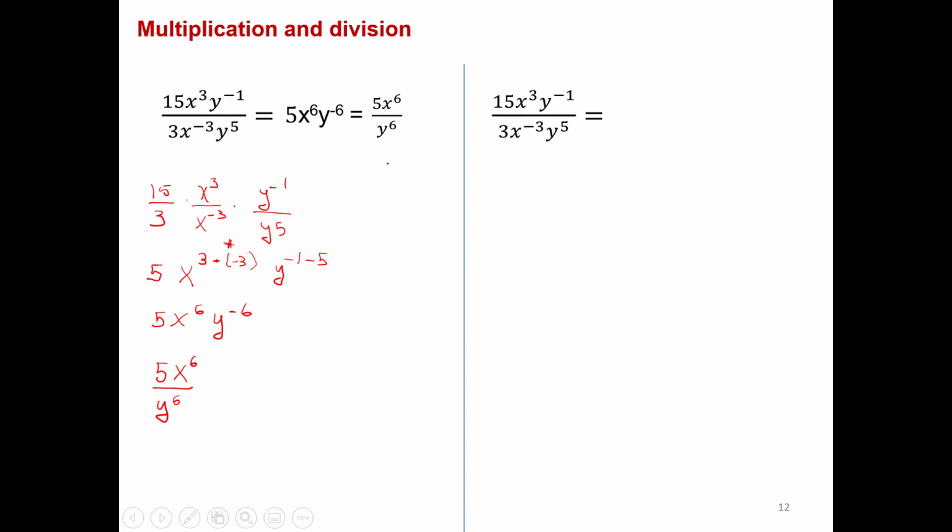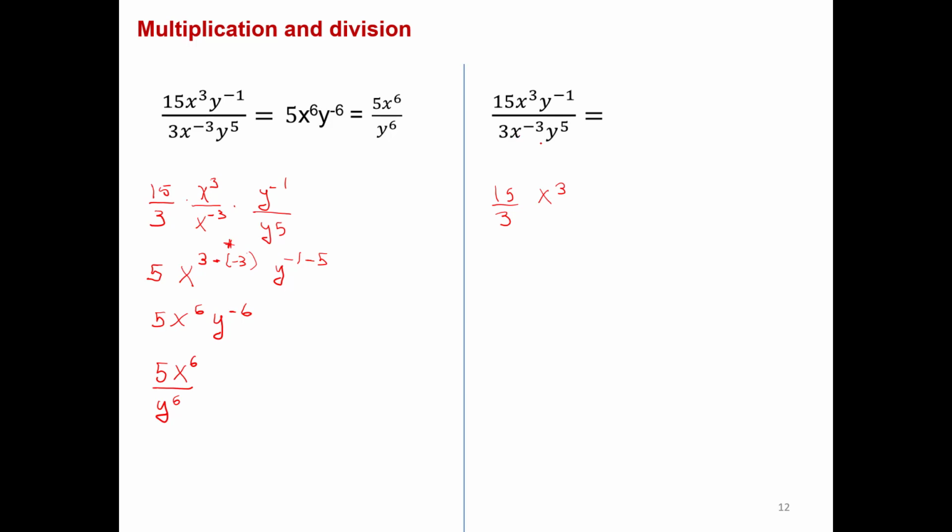Both answers are correct. Then let's now apply using the negative exponent property. And remember, we can divide the numbers. This is 15 over 3. Now, if this exponent is negative, what do we do?